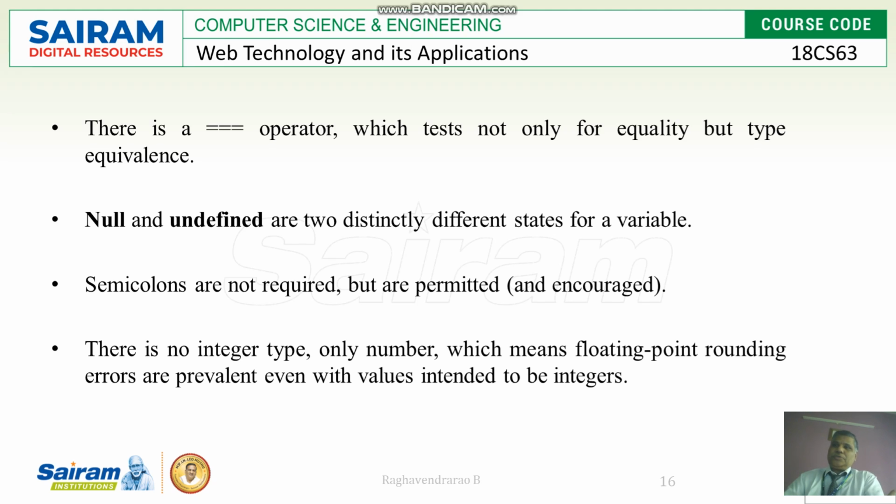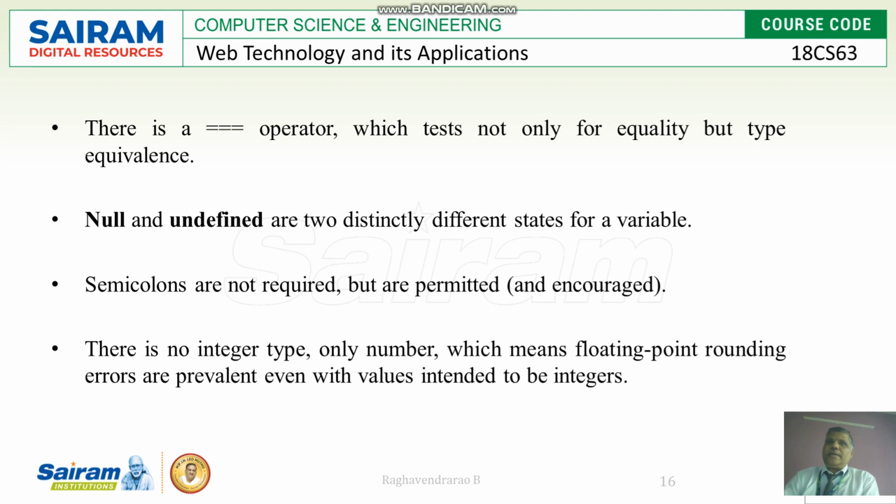Suppose i equals "10" in double quotes is written, it is not equal, because that 10 is a string, while i here is the integer that was declared. So to make the equality strict, this operator exists.